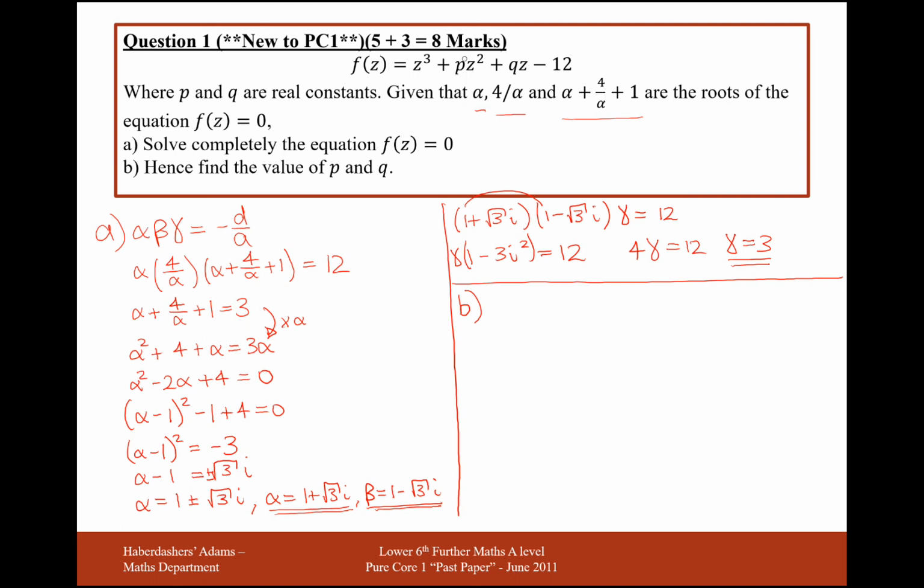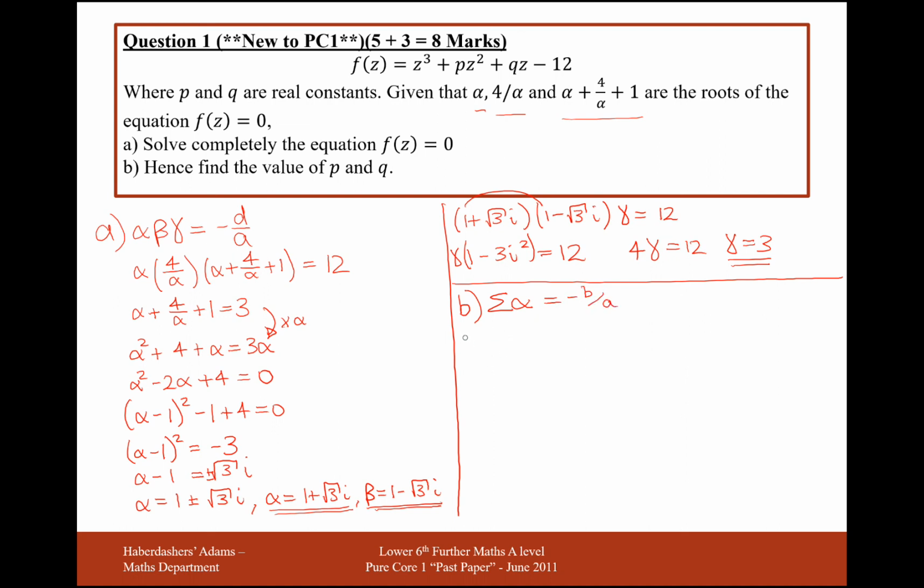Now I remember the easy one is the first one. For P, it's going to be sigma alpha. What that represents is adding together all of your roots equals minus b over a.